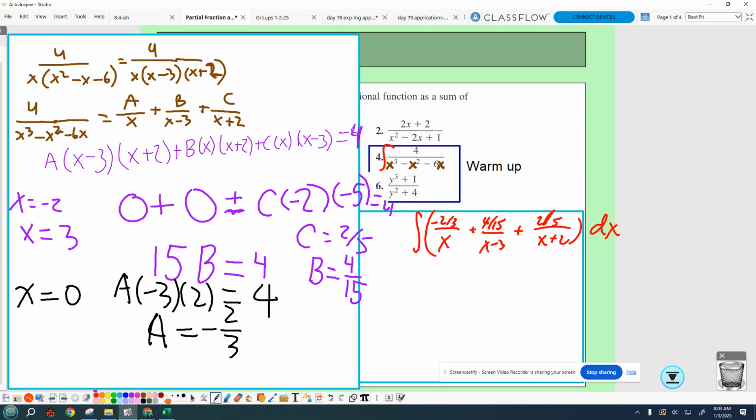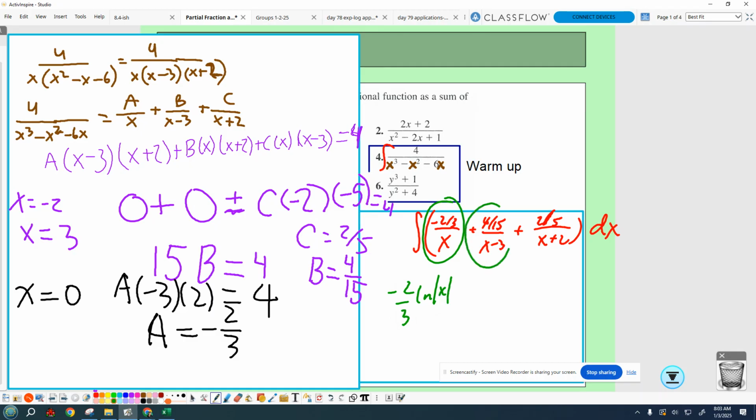So group 1, how do I integrate this? Jason, you get that? We can integrate each of them separately. Okay, so what's the integral of the first one? Negative 2/3 ln of the absolute value of x.